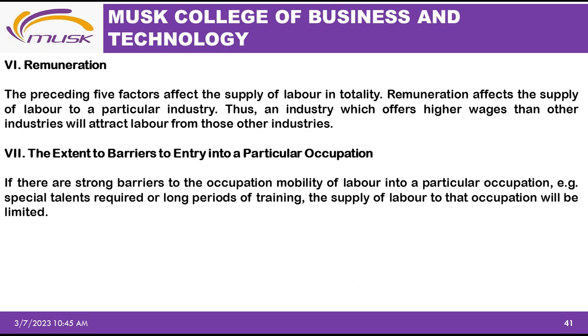And then finally is the extent of barriers to entry into a particular occupation. If there are strong barriers to a particular occupation, for example, you are required to have special talents. When we go to police recruitment, you are expected, number one, to be physically fit. Number two, you need to have a certain specific height.